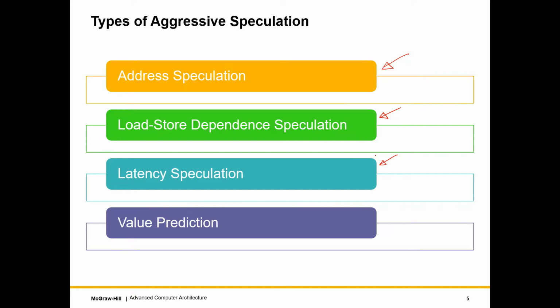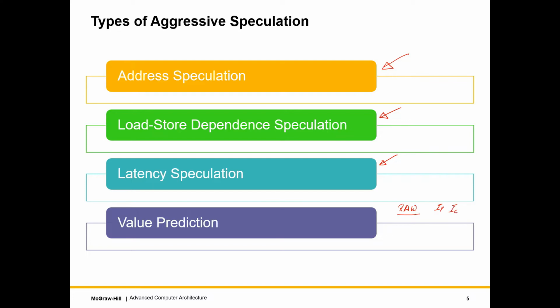Then we have value prediction, which of course is the hardest, but it is the only way of working around read after write dependencies. There is no other way of actually solving this problem. The only way that we can still get a high IPC in code that has such dependencies is if we somehow make the producer and the consumer instructions run in parallel.